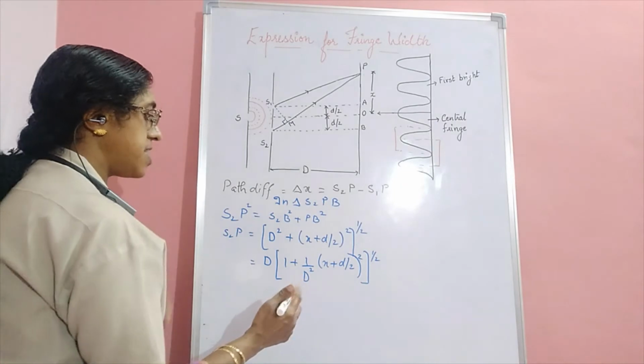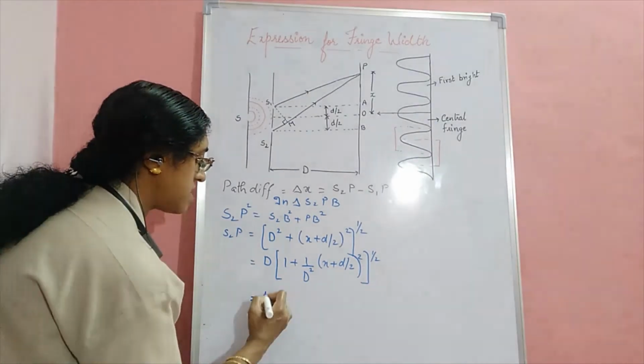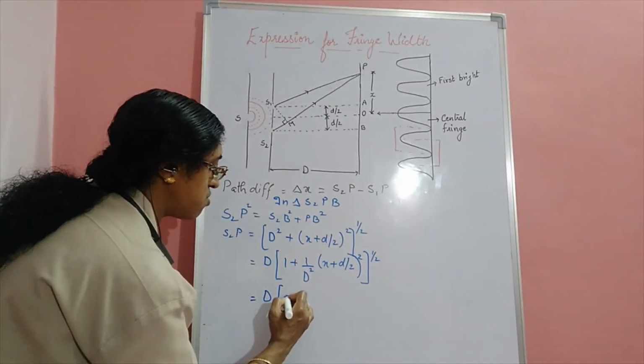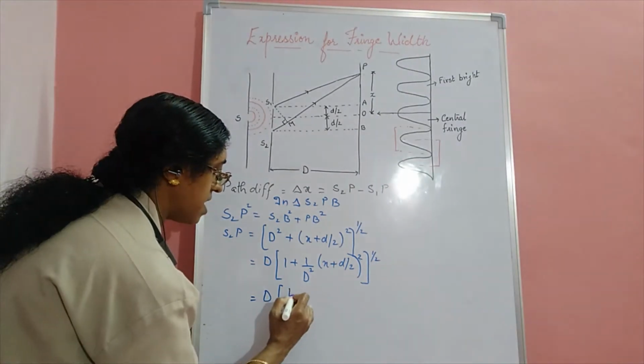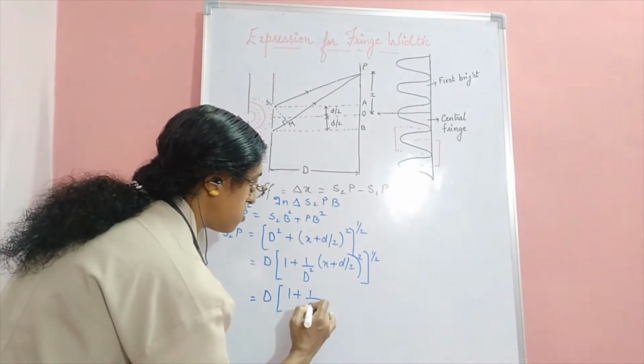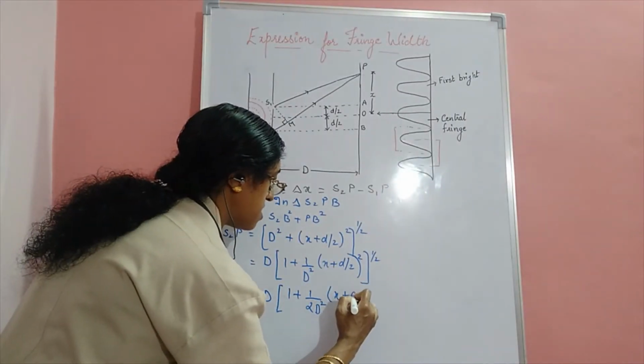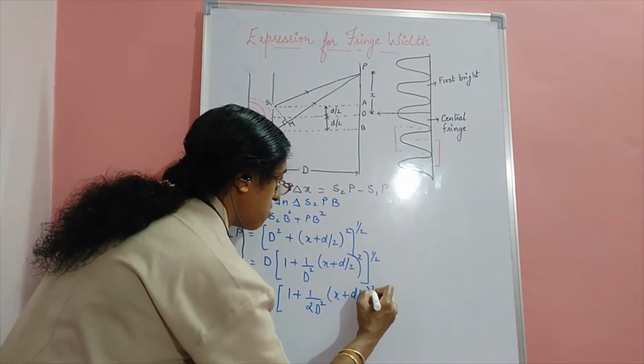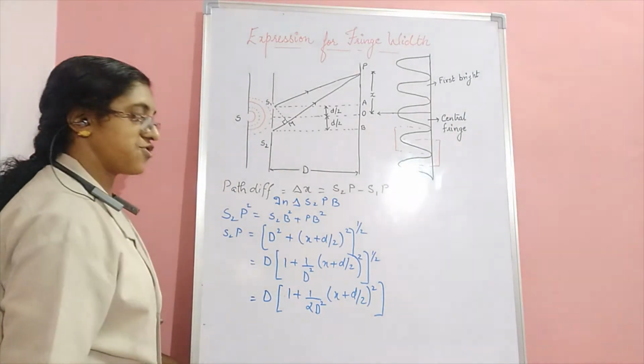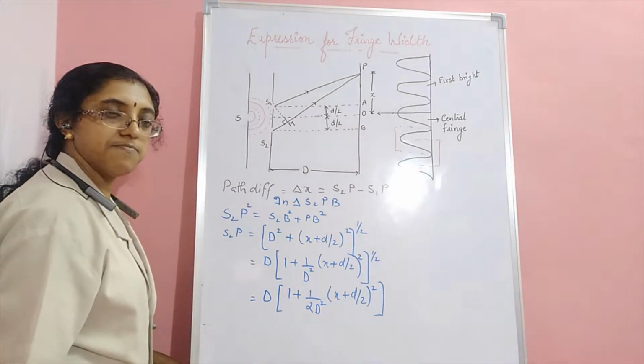By applying the binomial theorem, I would get D into 1 plus 1 upon 2D square into x plus d by 2 the whole square.